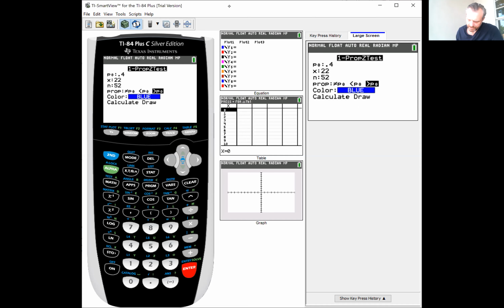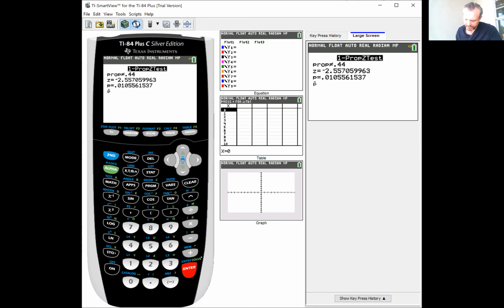So our claim is P equals 0.44. And then my survey, I had 722 successes, 1,762 total in my sample. My alternative is not equal to, okay? And we calculate.